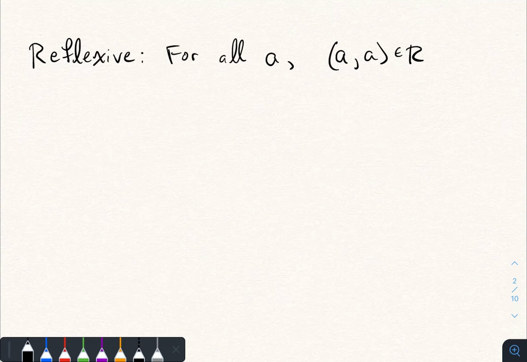So under the person X likes person Y relation, if I like myself, then you could say (Vince, Vince) is in that relation. So it kind of works for that case.